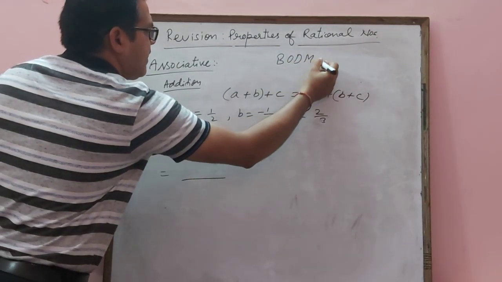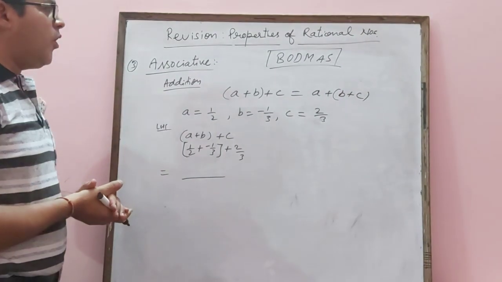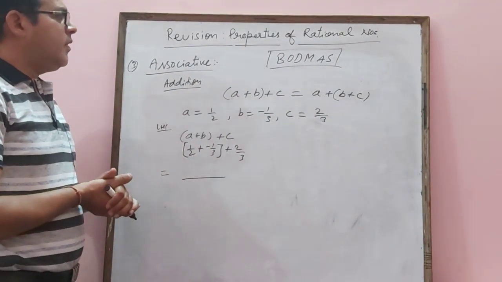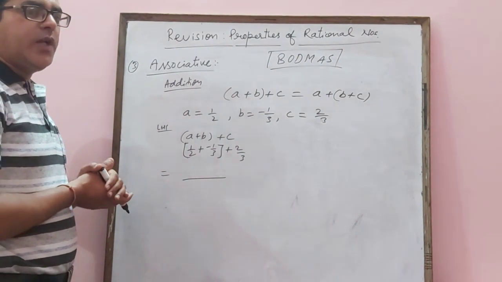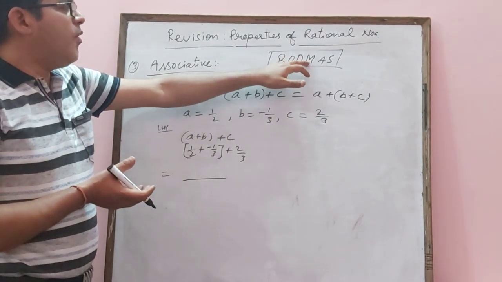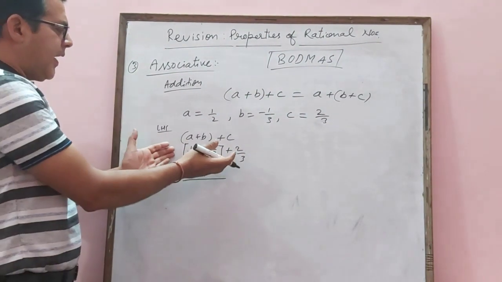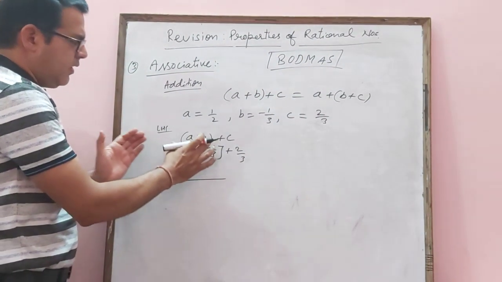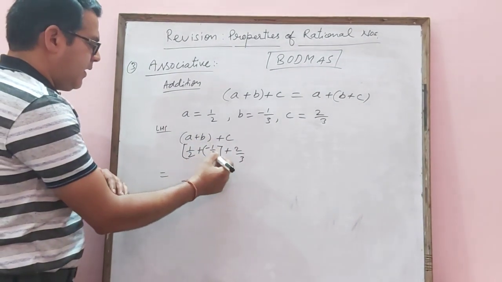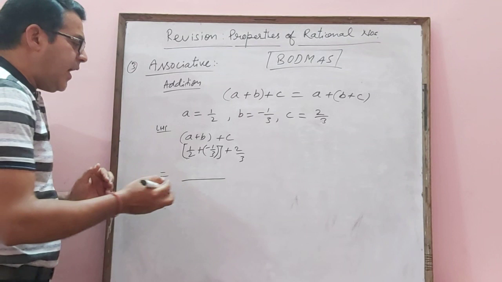This is a very basic rule of mathematics to apply operators. Which operators can we apply first? BODMAS helps us. B for bracket, O for of, D for division, M for multiplication, A for addition, and S for subtraction. So the bracket is here, that's why we are solving a plus b first. That is 1 by 2 plus minus 1 by 3. We have to solve it first. So how can we add? LCM is 6.